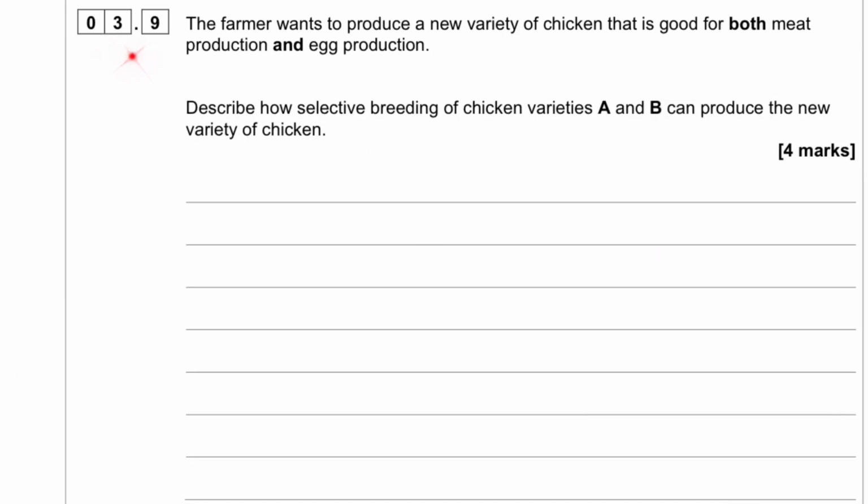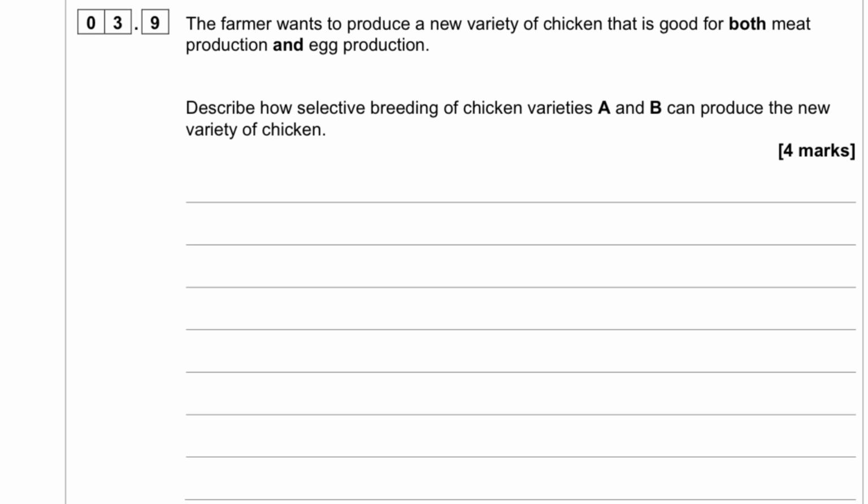Question 3.9. The farmer wants to produce a new variety of chicken that is good for both meat production and egg production. Describe how selective breeding of chicken varieties A and B can produce the new variety of chicken.